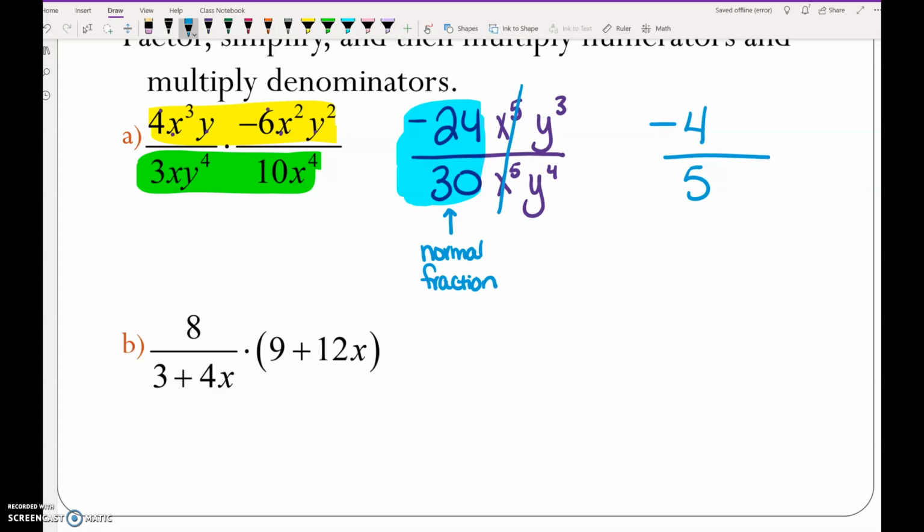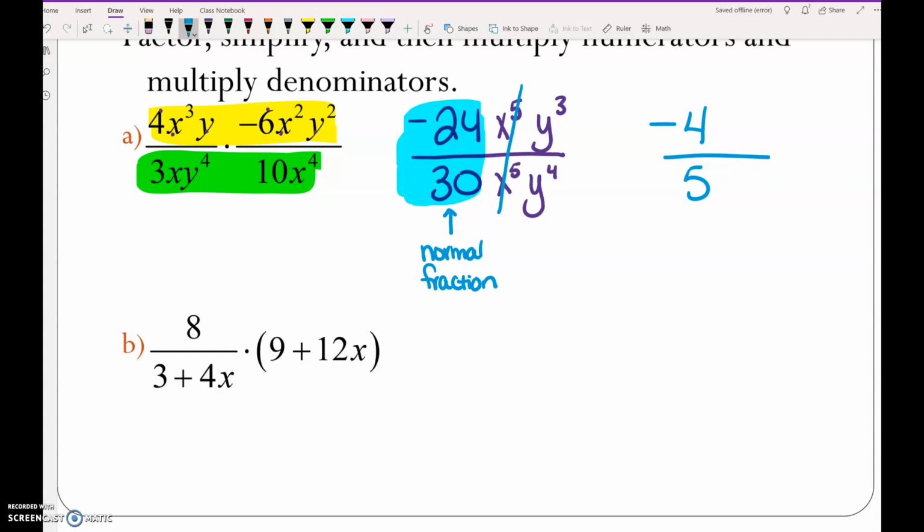And in my experience, a lot of you don't like negative exponents. So the most mathematically correct way to do this problem is to say that you would subtract these exponents and get y to the negative 1 on top, and then that would move to the bottom.